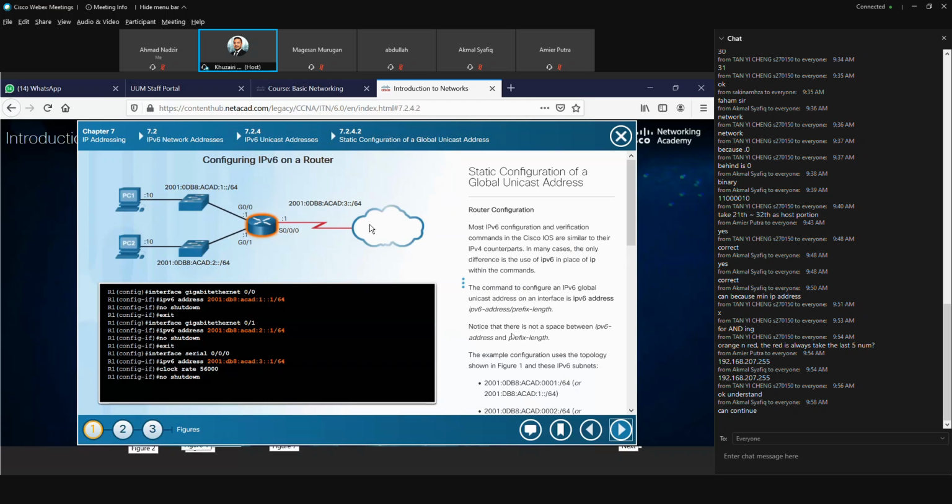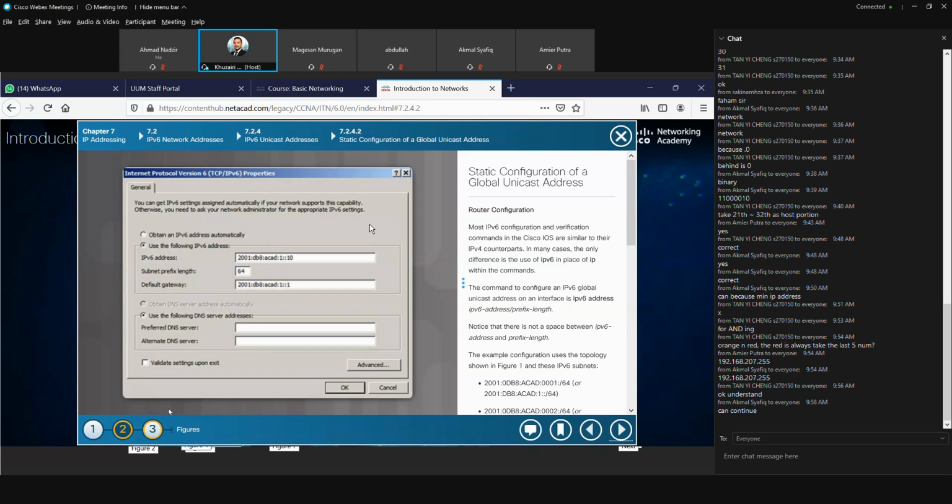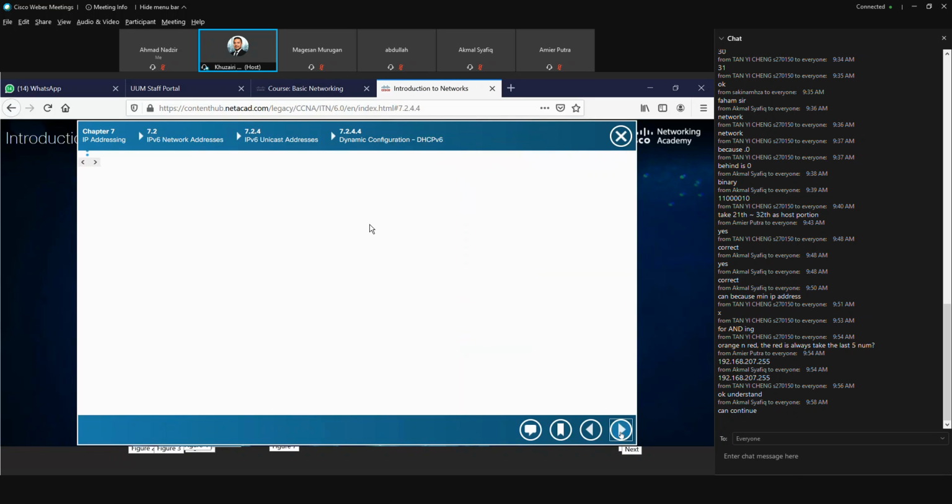This is just for the IP version 6 configuration in the router. Similar to IP version 4, it can be automatic or it can be a static IP address. This one, no need, you can skip.